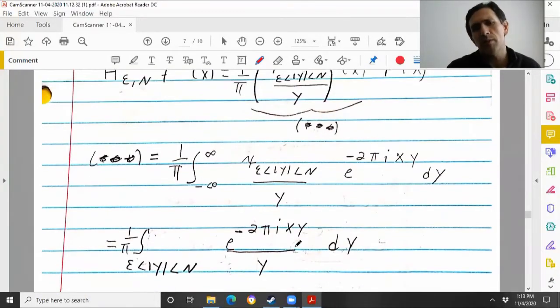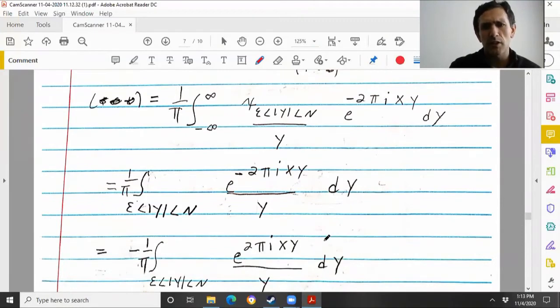There's not all that much you can do. So let's just do something fairly trivial, and that is, let's do a substitution, u equals minus y, or really y maps to minus y. Now this is really magical almost, and it's only thanks to this y that we actually get a minus sign here. Without the minus sign, we'd be really screwed. But thanks to this y in the denominator, we get a minus, and just check this, it's pretty easy.